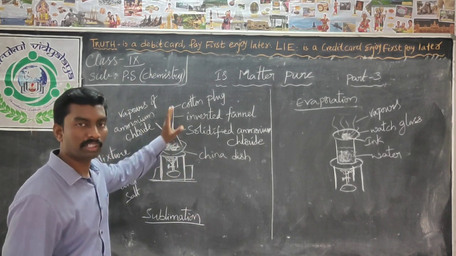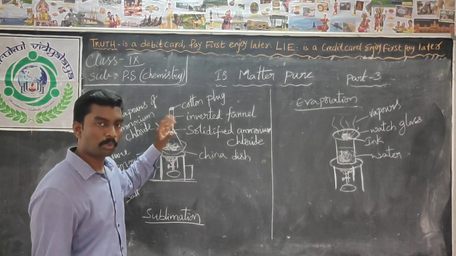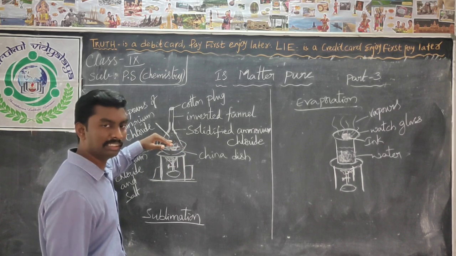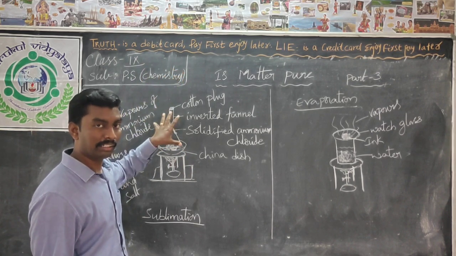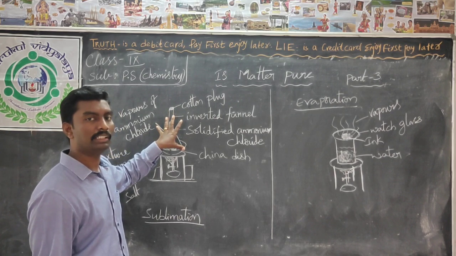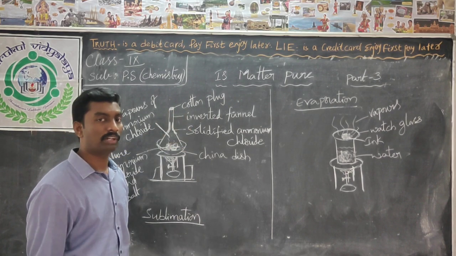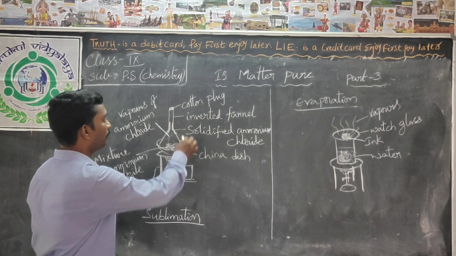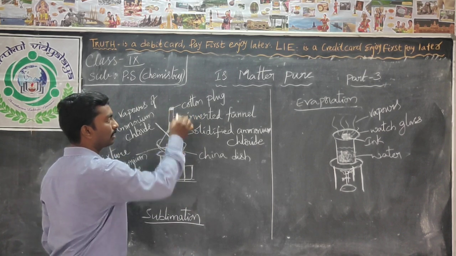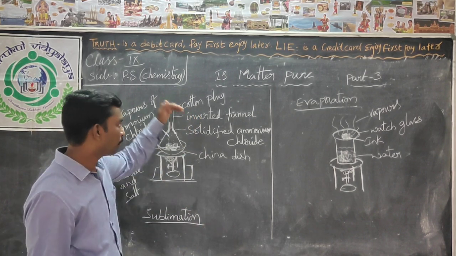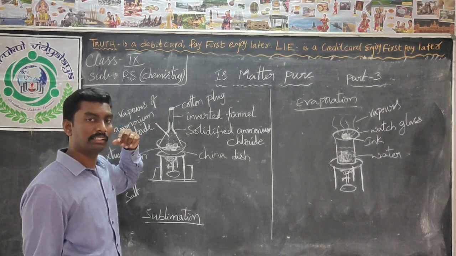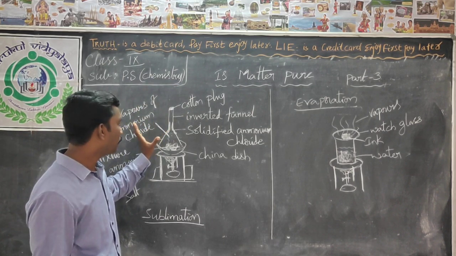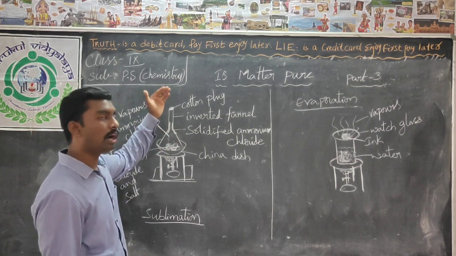So what will happen when the funnel is kept on the china dish? Generally the vapors will go outside through the stem, no? But will the vapors go outside? They won't go outside. Why? Because here we are fixing one cotton plug. We are stopping the way by using the cotton plug. Then the ammonium chloride vapors will not go outside.